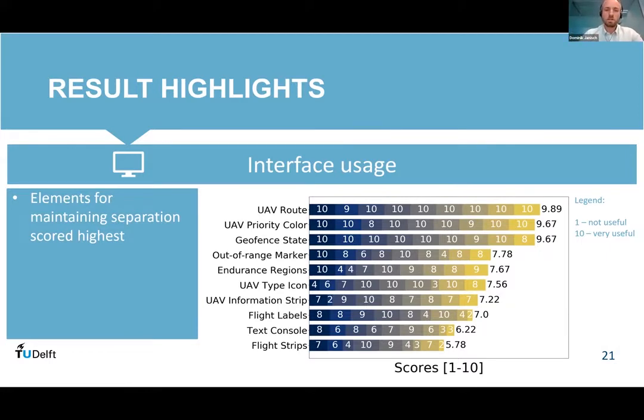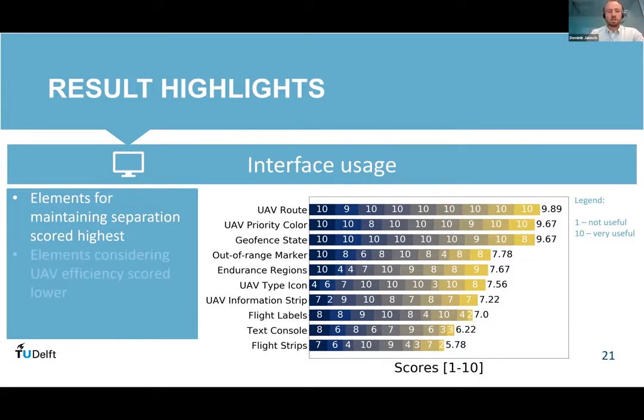This was in particular the indication of the UAV routing and the activation and deactivation of geofences. What we also found interesting is a high level of utility assigned to the UAV priority. I'm going to go into that a bit more in the discussions, but essentially this also means that controllers had an active interest in the level of priority of UAVs within the UTM environment. So this was an interesting result as well.